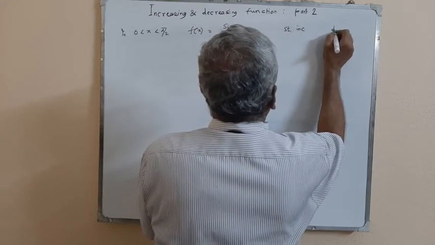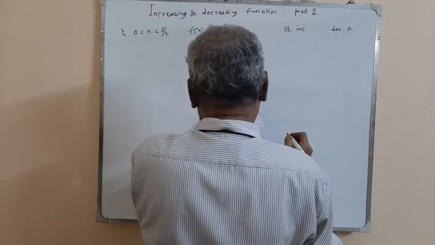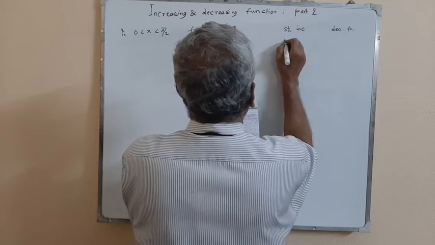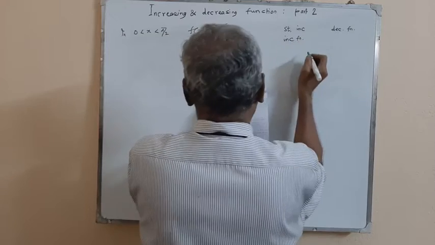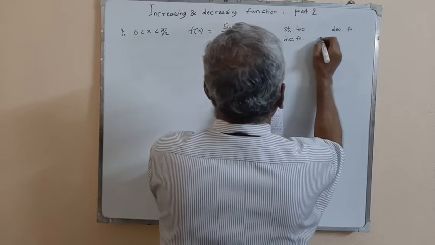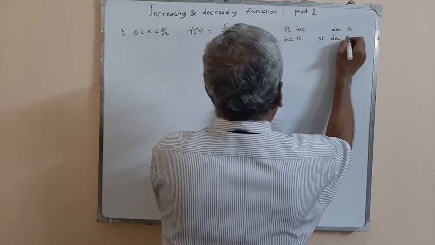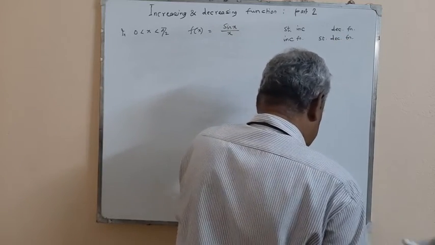Second one is decreasing function. Third one is increasing function. And the fourth option is strictly decreasing function. Okay, that's all.